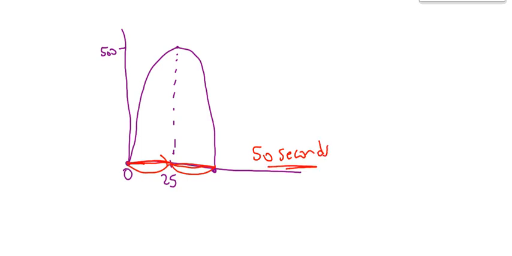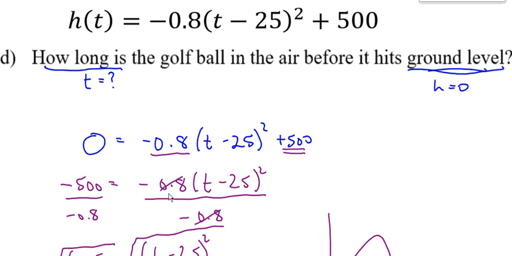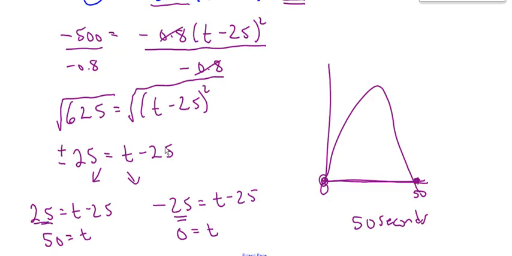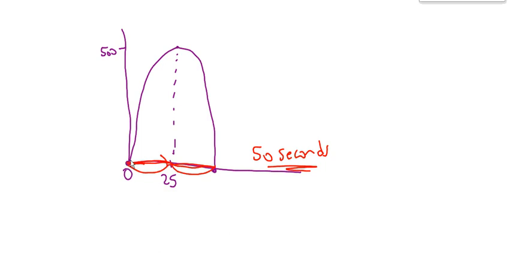Now, be careful with this little shortcut, because if the starting height was not 0, you can't use this shortcut to answer this sort of question. You have to do the full math like I did here. So when in doubt, always do the full math. But if you do happen to start at a height of 0, you can use the symmetry principle to answer some questions a little faster.